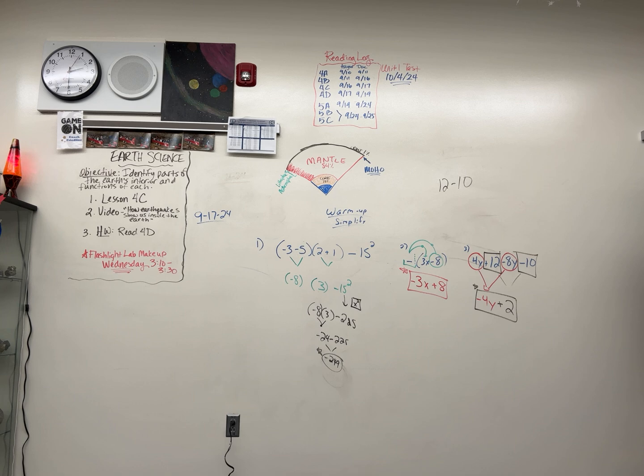I haven't gotten a call in like, I actually don't know when the last time I got a call was. 1 through 20. Most of you finished in class yesterday. My head hurts.